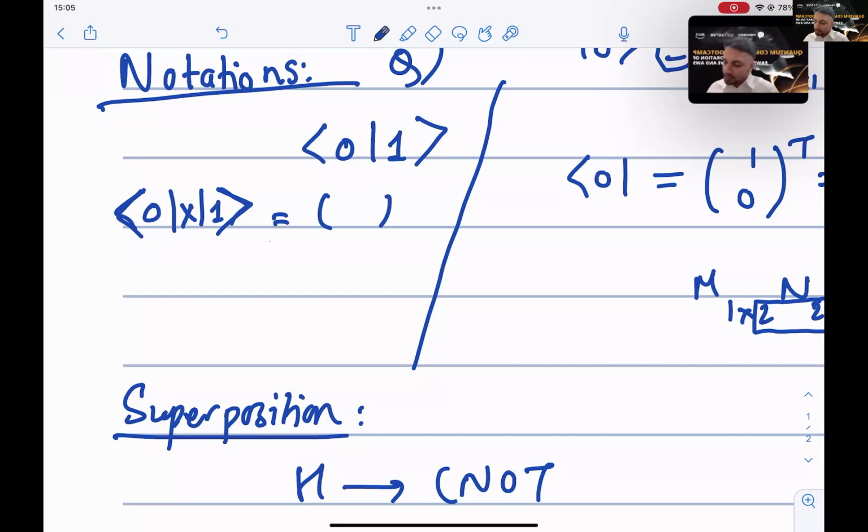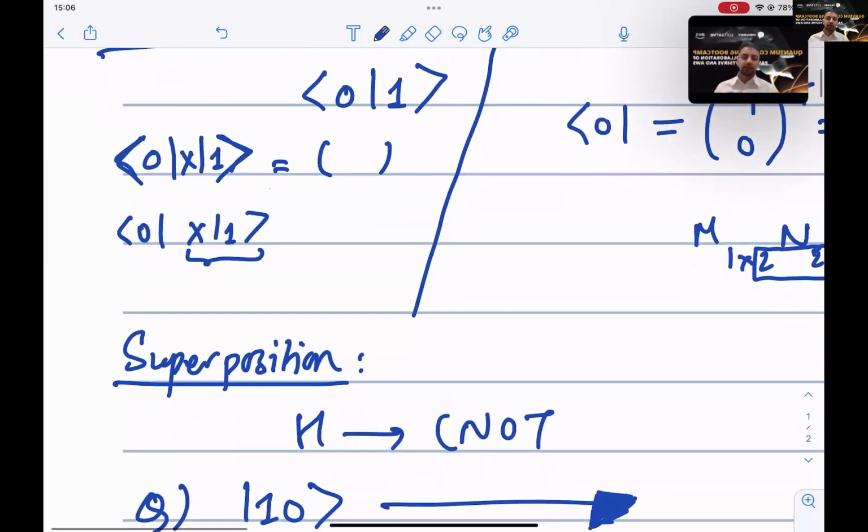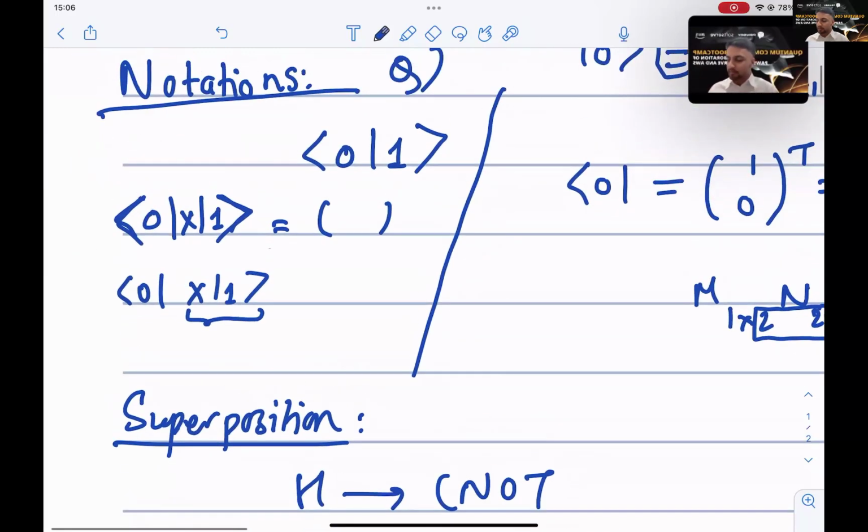Now, if you look deeper at this, to calculate it, I first calculate X on 1. This is just your bit flip operator acting on 1. What does the bit flip operator flip 1 to? It flips it to 0, right?